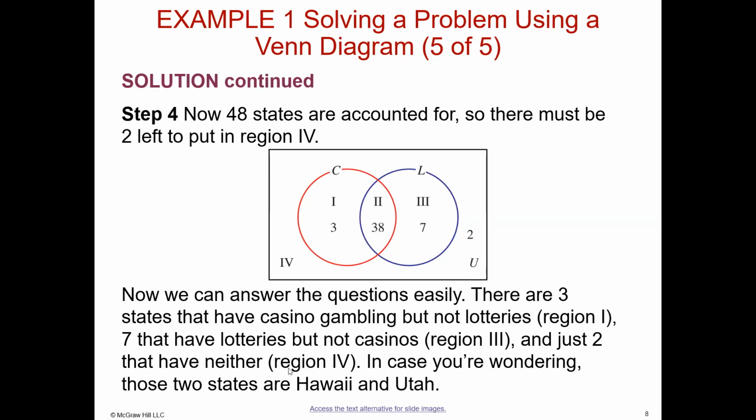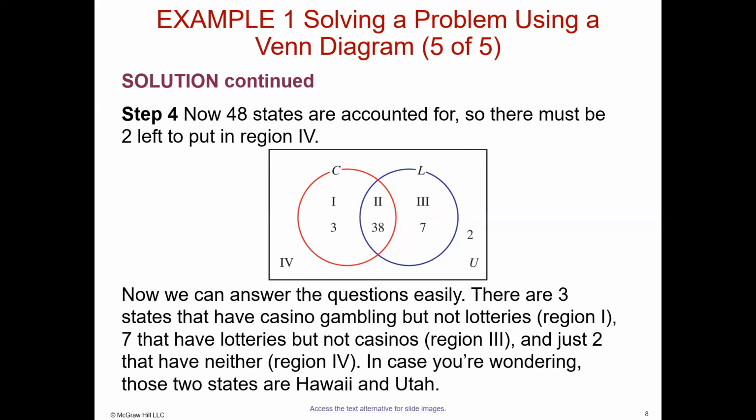And by the way, just out of curiosity, have you ever wondered what those 2 states might be? I didn't know this until seeing this PowerPoint. It's Hawaii and Utah. And I find that kind of strange. I mean, Hawaii is, you got to admit, a huge tourist state. Do you agree? Yes. And you would think, my gosh, tourists like to what? Maybe gamble.